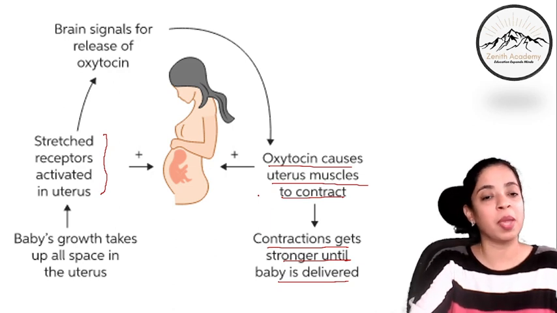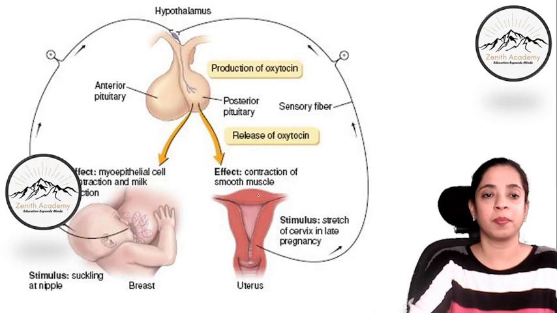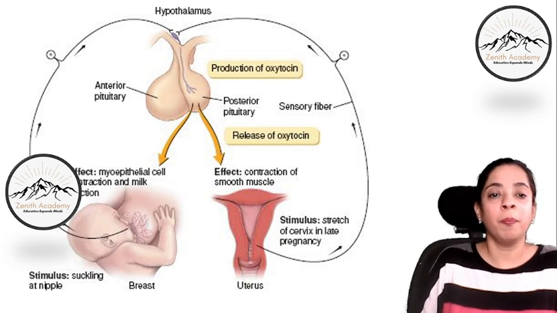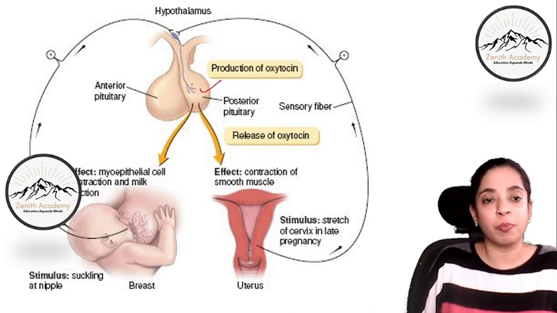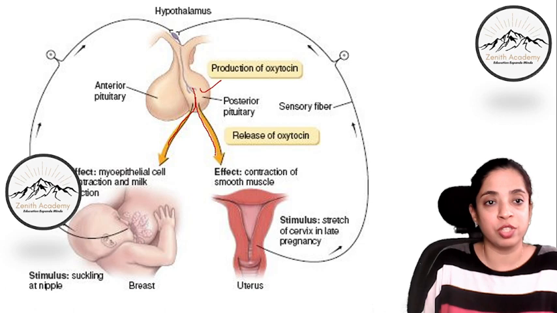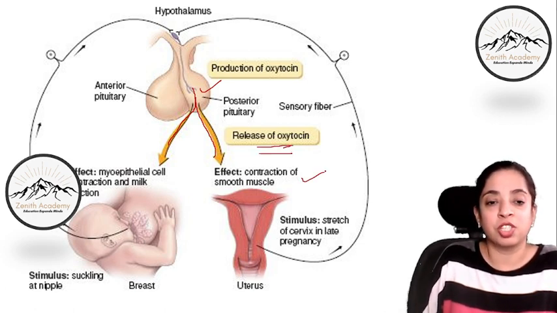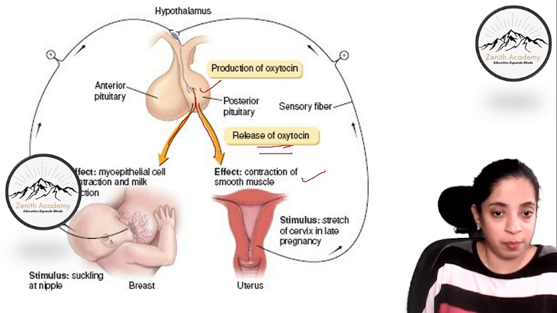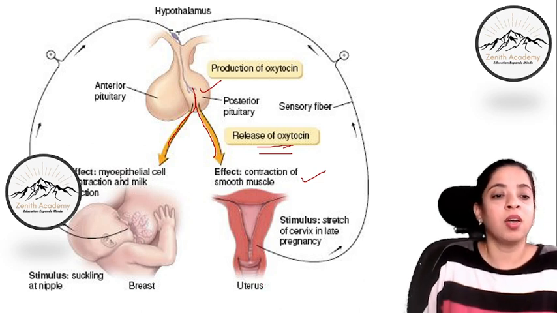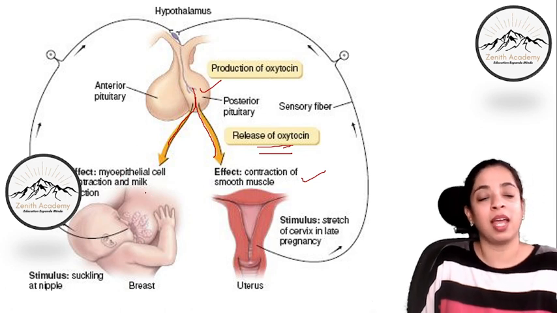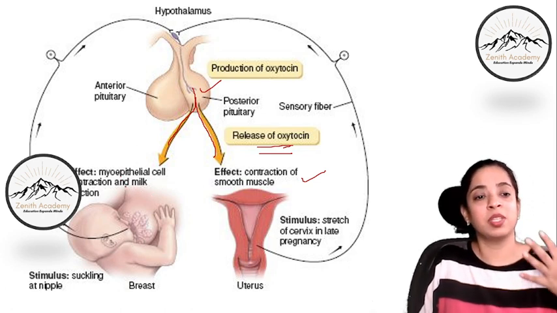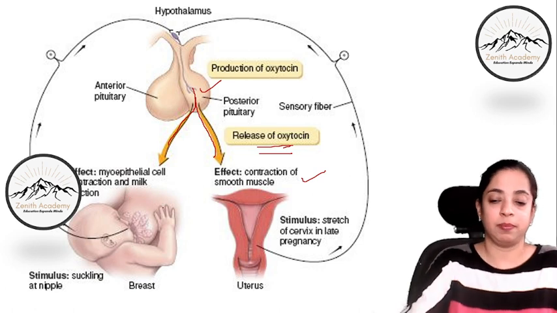Quick delivery of the baby with the help of oxytocin. So now you know it does two major functions. The posterior pituitary releases oxytocin. So the release of oxytocin helps in contraction of smooth muscles, and the baby is born. And on the myoepithelial cells, it works, and it helps in the release of milk.